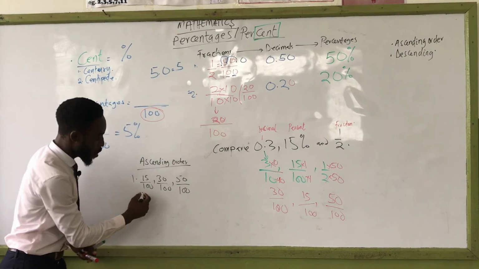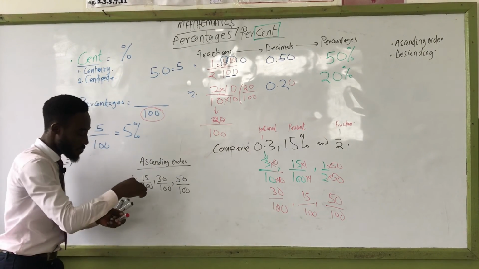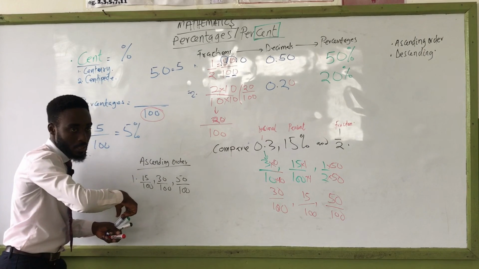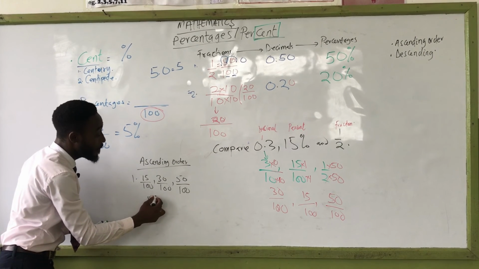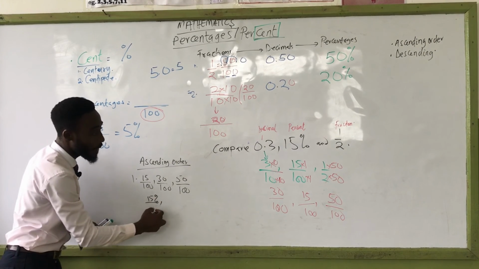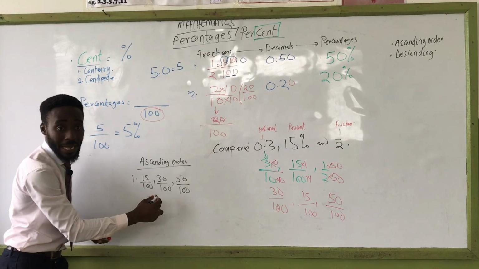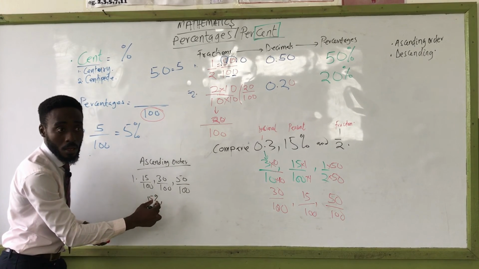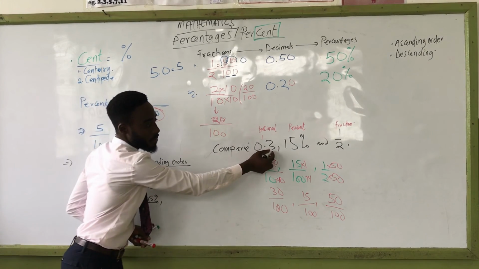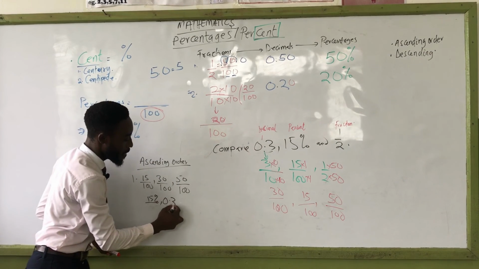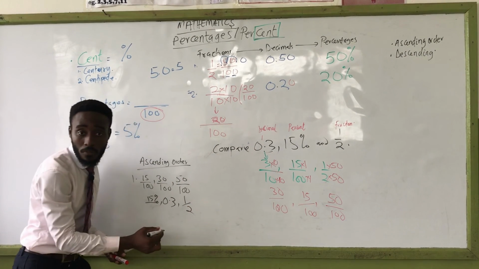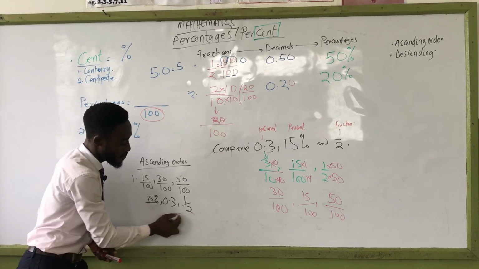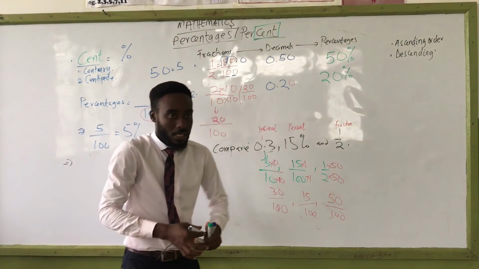You must put the answer in the original form you met it. So 15%, followed by 0.3, followed by 1 out of 2. All right, so that's how we compare.